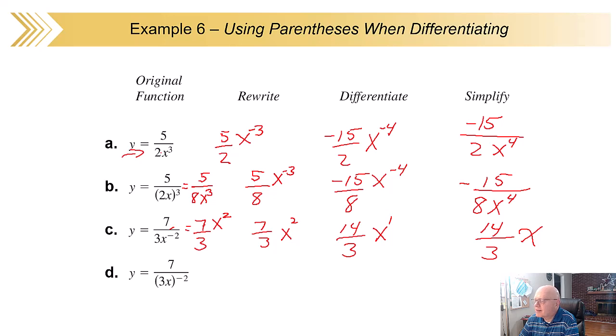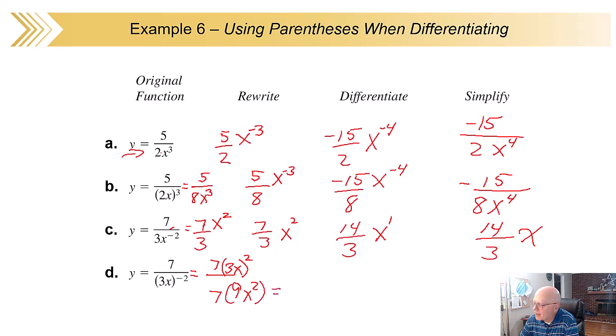Again, we've got something that, if you're not careful, can trick you. But we're going to rewrite this. So first of all, we're going to multiply, like we did in part B. We've got 7, and on the bottom, we've got a negative 2. Well, that means we should have 3x up here with a positive 2. Well, that looks pretty good. So what do we have? 7 times what? 3x times 3x is 9x squared.